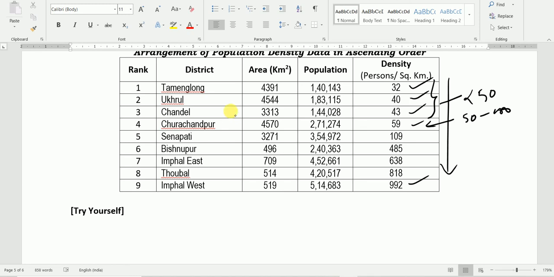Then after that we may use unequal intervals, up to 500. Here it is better to use 500. Okay, then after that more than 500, these three districts.